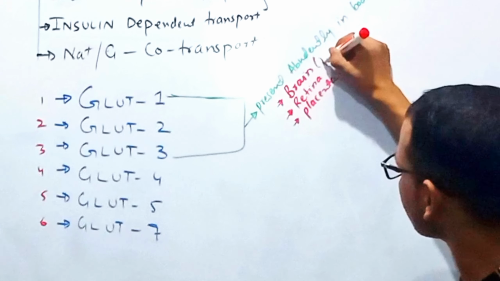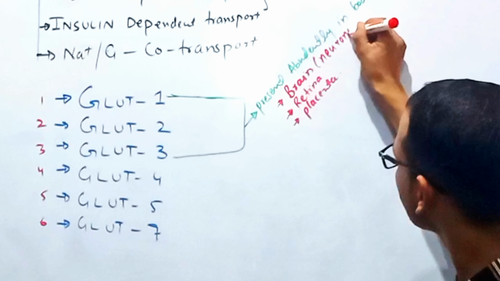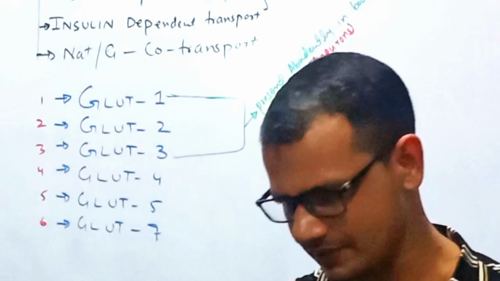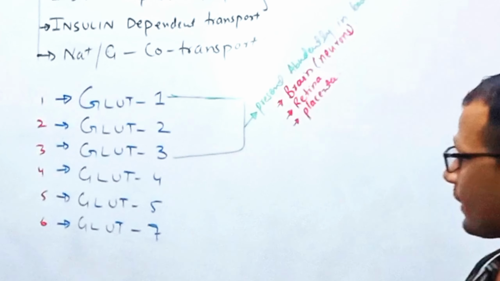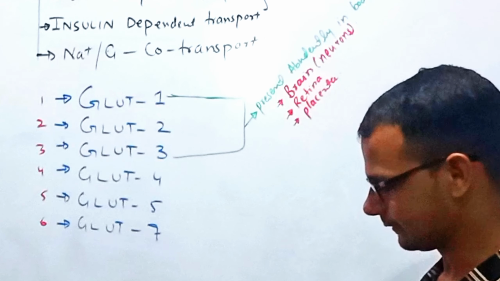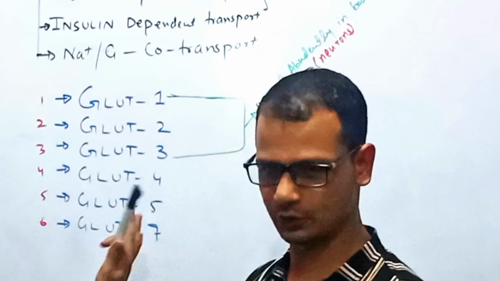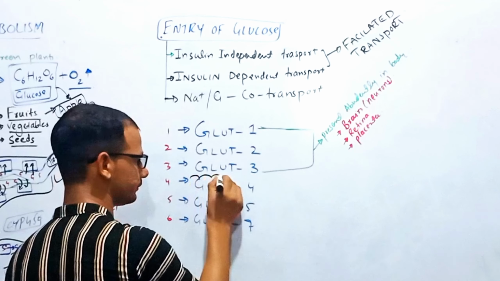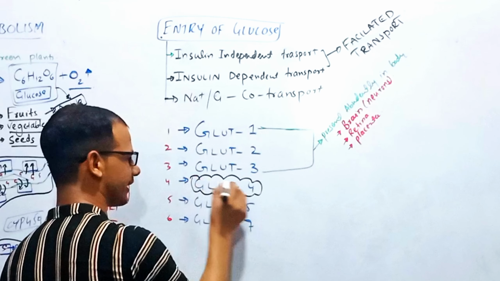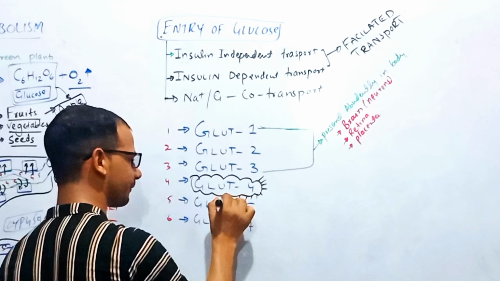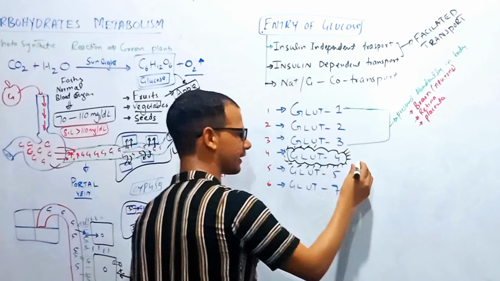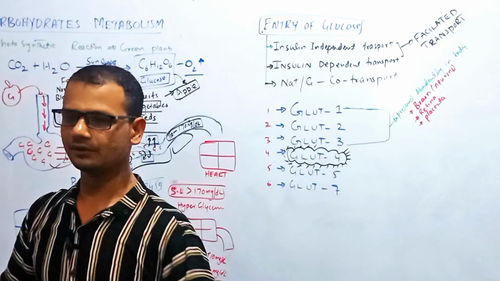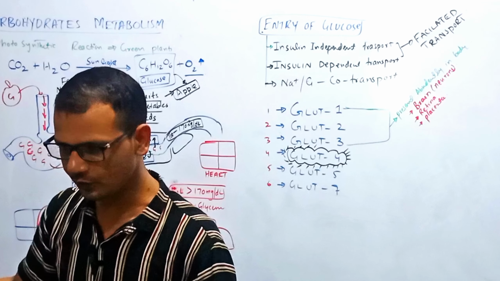Brain means they are present on neurons, because neurons are fully dependent upon glucose and oxygen. Right? We will discuss Glut 2 later. But Glut 4 is the most important Glut receptor, present in areas which can store glucose for future use.